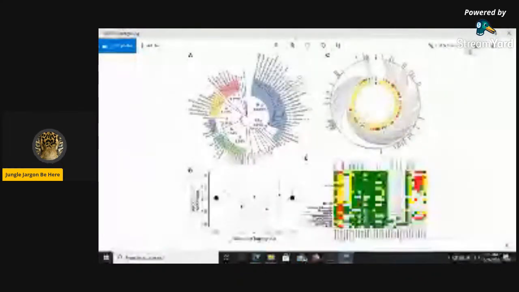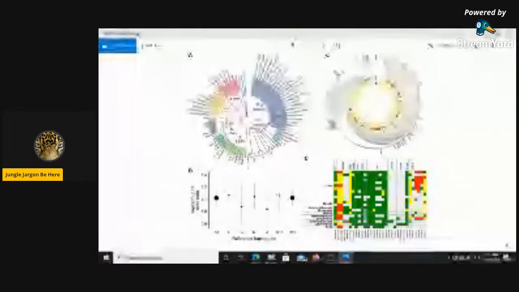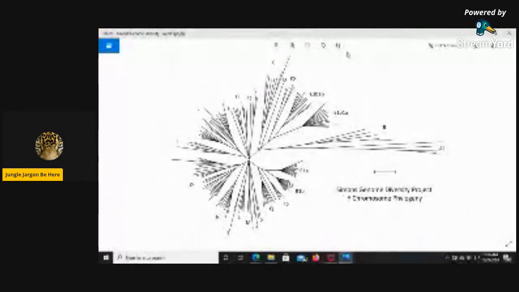Let me show you what the correct information is now. The correct information is this here, the Simons Genome Diversity Project, Y chromosome phylogeny. This is the correct information.